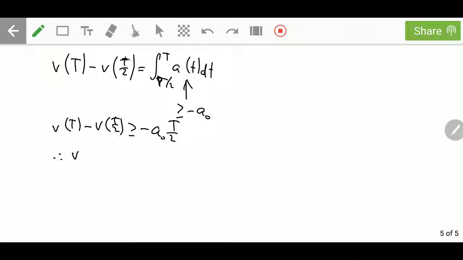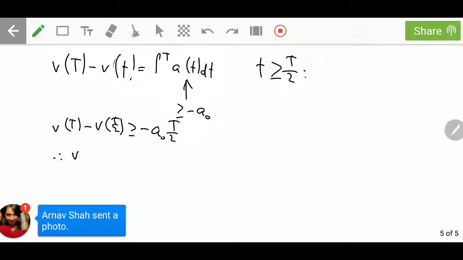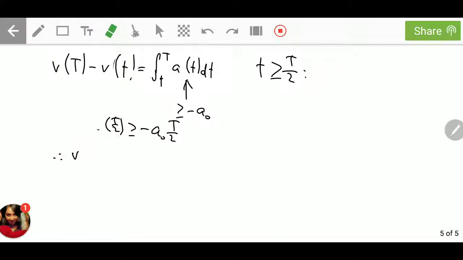Let me correct this. I want to use a general time t. So now we want to look at the interval where t is greater than or equal to t over 2. So let me just erase this.